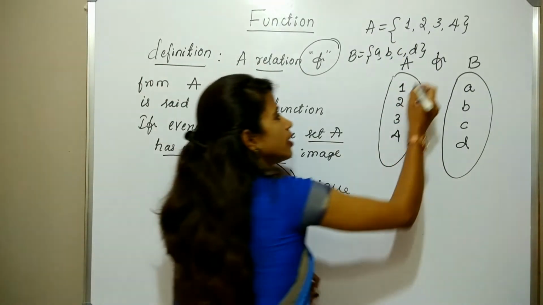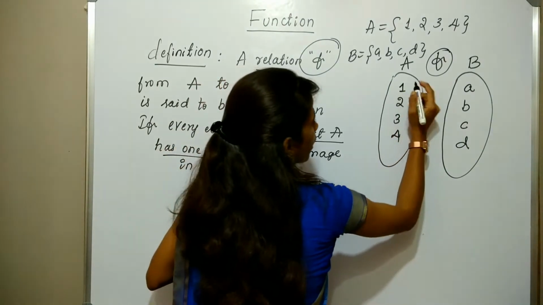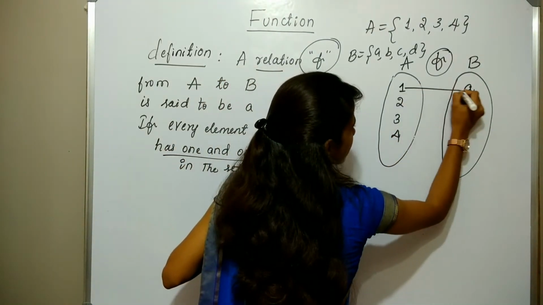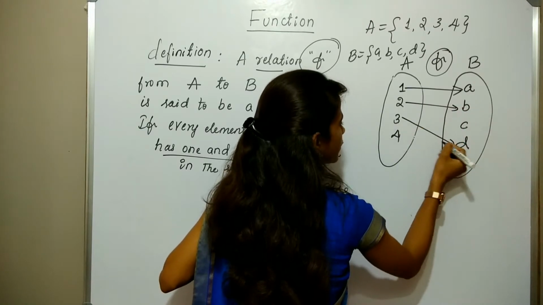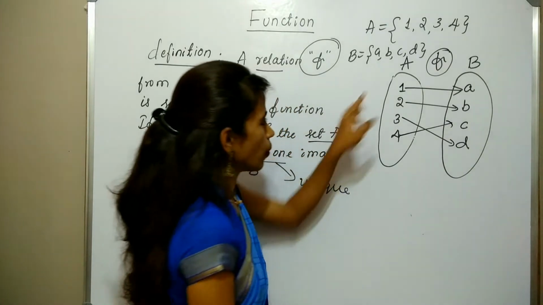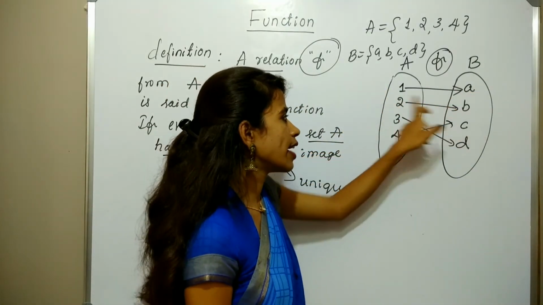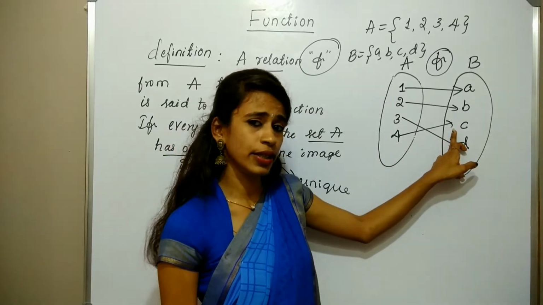So here is the relation: 1 is related to a, 2 is related to b, 3 is related to d and 4 is related to c.